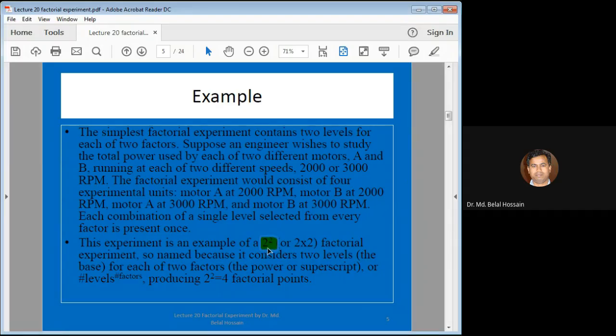Okay, if it is 3 to the power 2, then 2 factors with 3 levels. Okay, so power is the number of factors and base is the number of levels within each factor. Okay, so that is the factorial experiment.